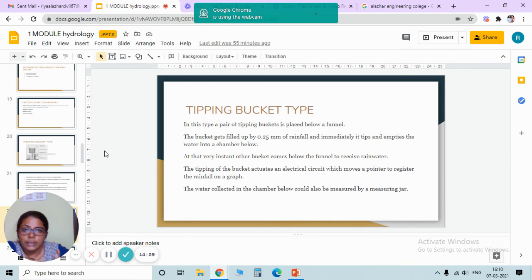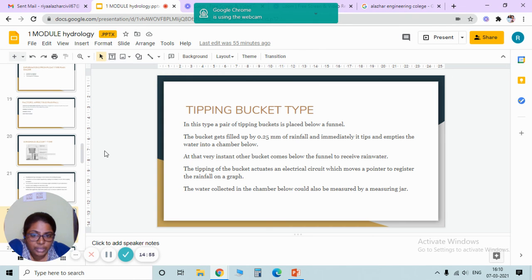And the last type of rain gauge is the tipping bucket type. In this type, a pair of tipping buckets are placed below the funnel. The bucket gets filled up by 0.25 mm of rainfall. As soon as the bucket gets filled up by 0.25 mm of rainfall, it immediately tips and empties the water into a chamber which is located below the funnel.